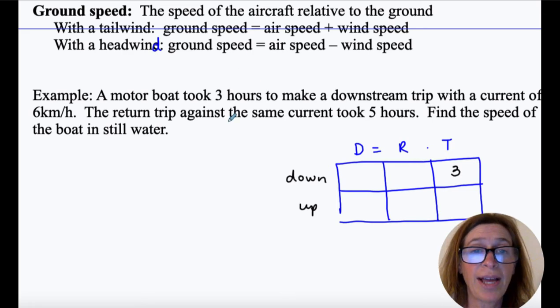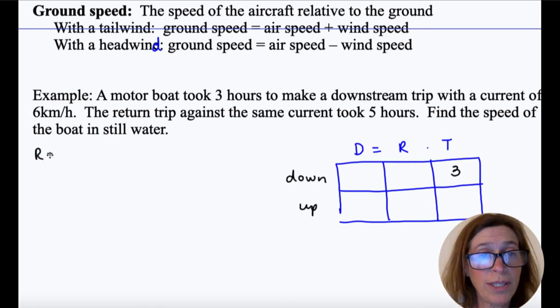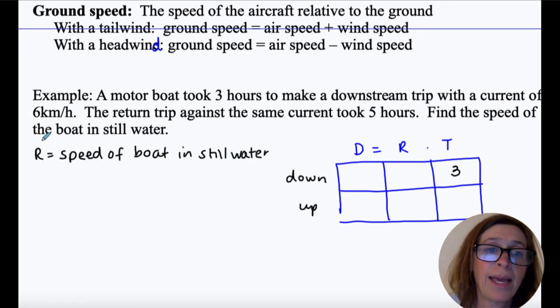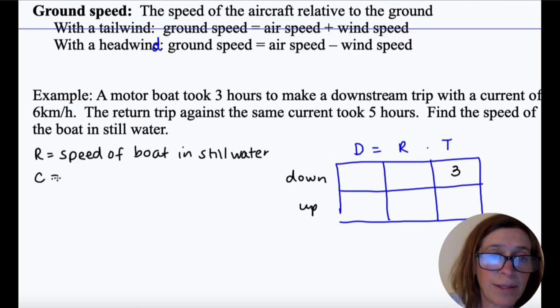And we're trying to find R. So R is the speed of the boat in still water. And our current is 6 kilometers an hour.